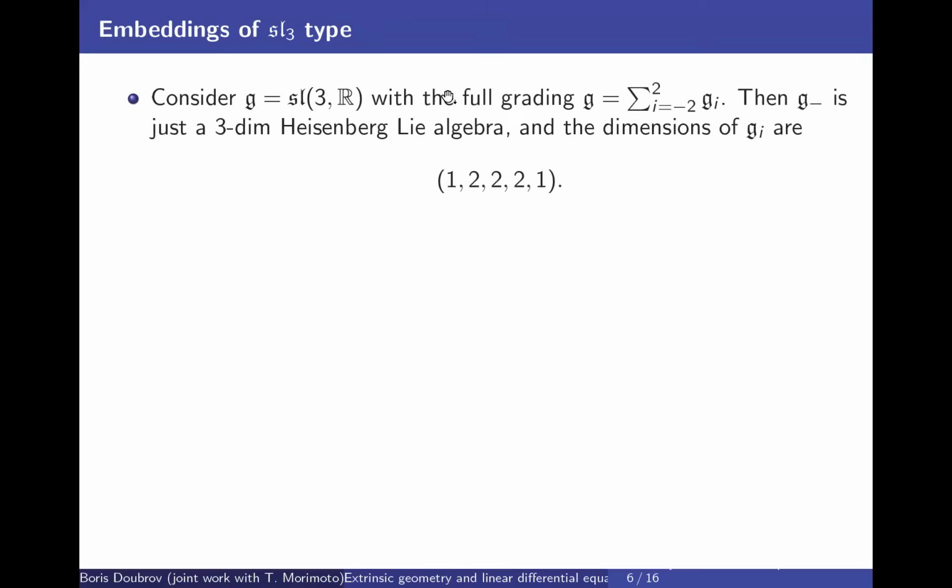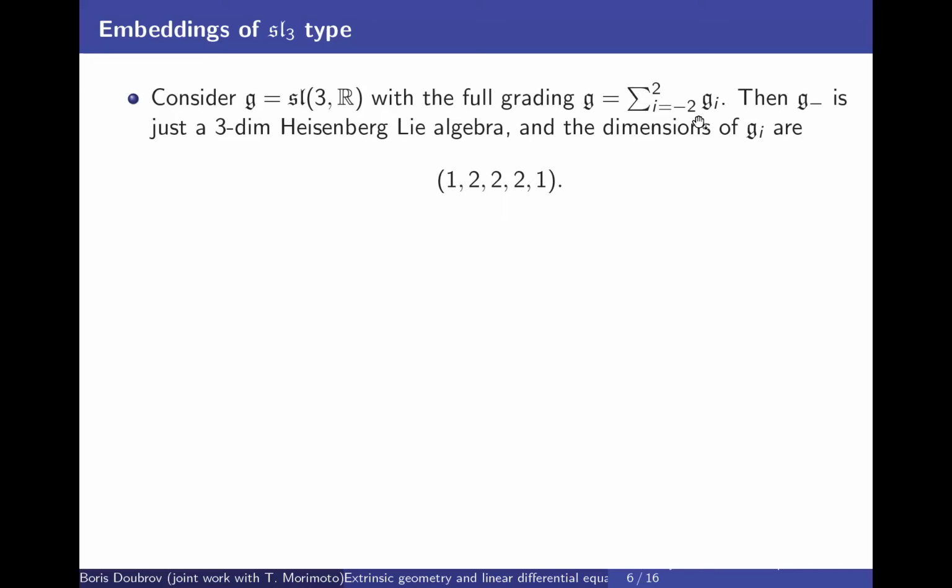So, as promised, we'll now specialize to a very specific example of this general picture. First of all, let's look at SL3R, the 3 by 3 traceless matrices. It has a grading from -2 to 2, exactly defined by the distance from the diagonal.